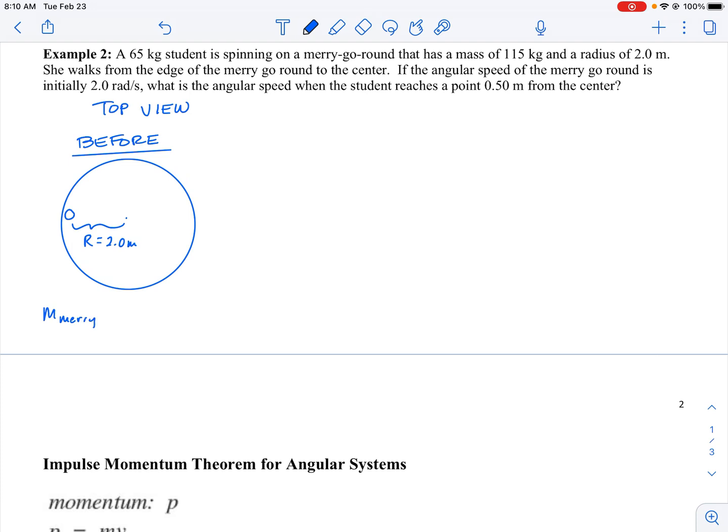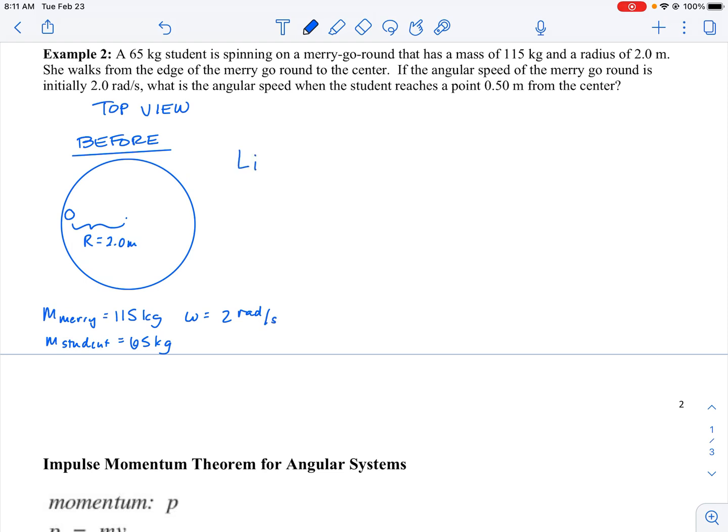The mass of the merry-go-round is 115 kilograms. The mass of the student is 65. And the initial speed is 2 radians per second.